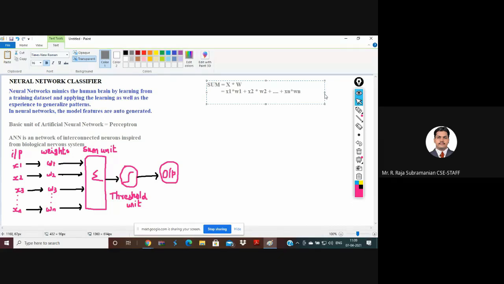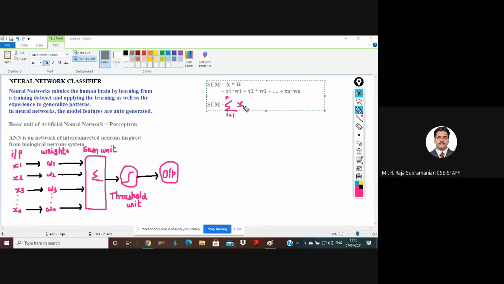On the whole, this summation is going to run from i equal to 1 to n of xi wi, a normal summation unit.